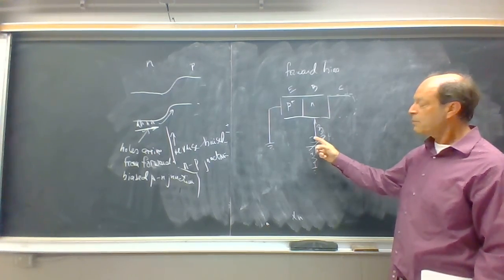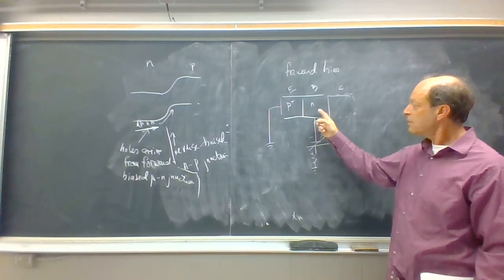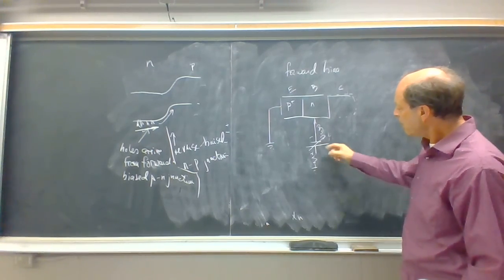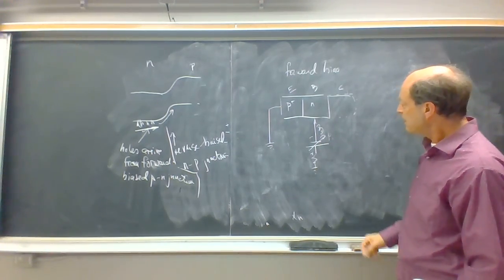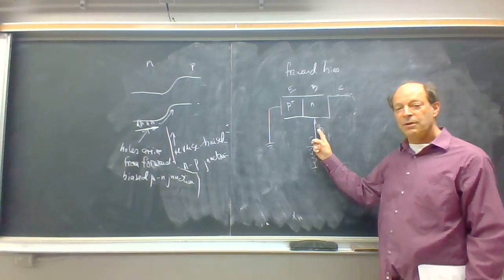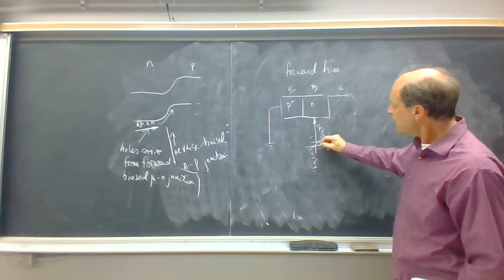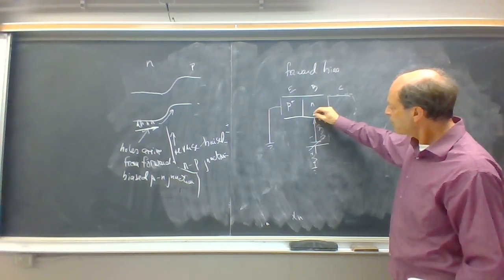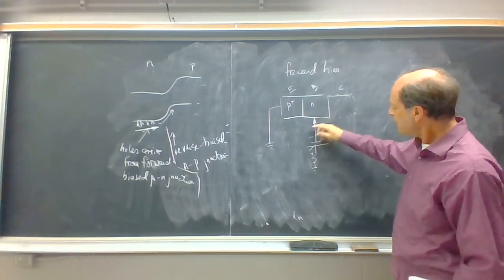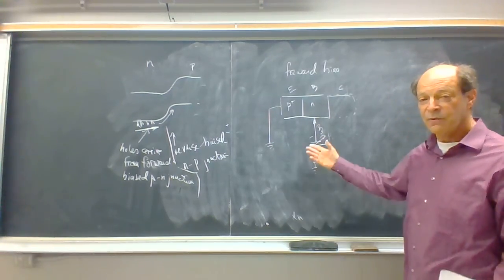And to do that, I'm applying a negative voltage to the base, a varying negative voltage. How much actual current is flowing into the base? Well, actually, the current is actually flowing out of the base because of the polarity of this voltage.